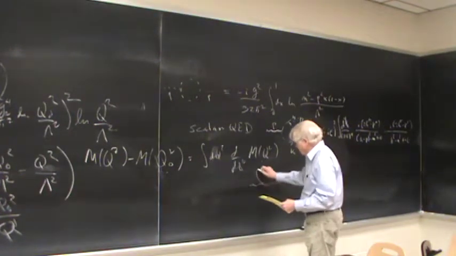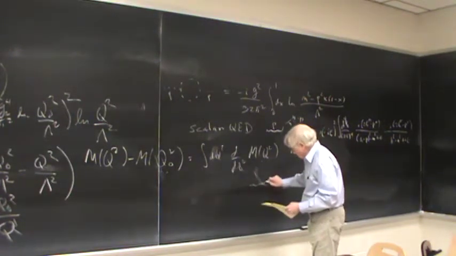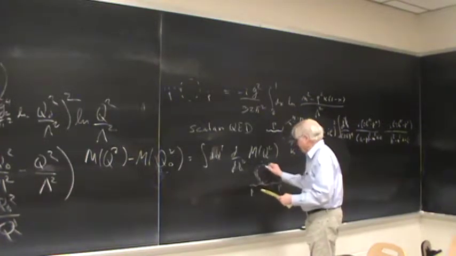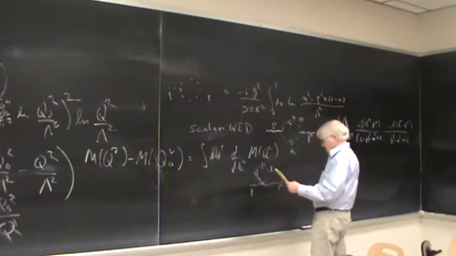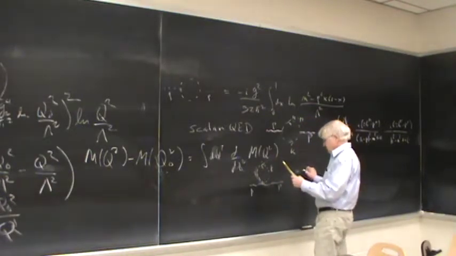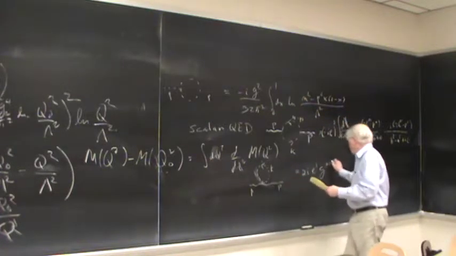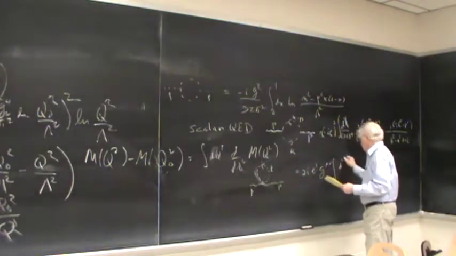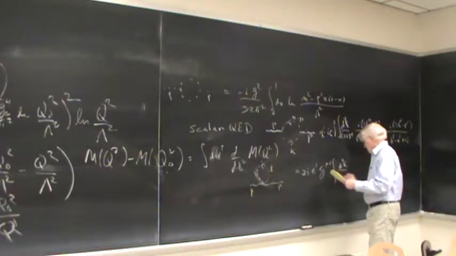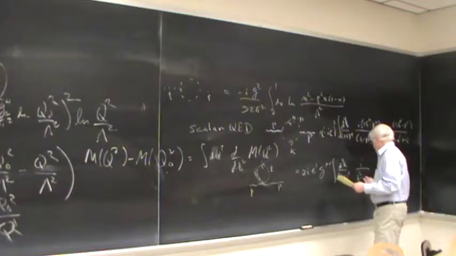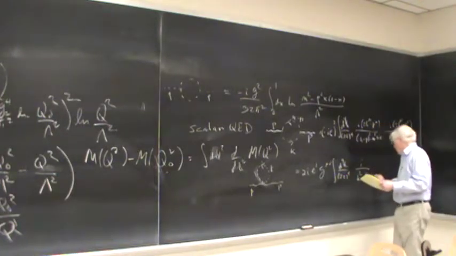However, because it's scalar QED, we also have this diagram. So this is p, p, and this simply is k, and so this is a very divergent diagram. It's 2i e squared g mu nu, and then it's an integral d4k over 2 pi to the fourth, i over k squared minus m squared plus i epsilon.